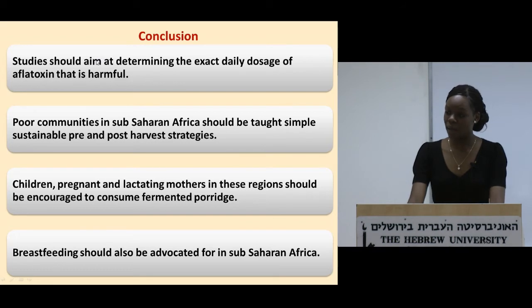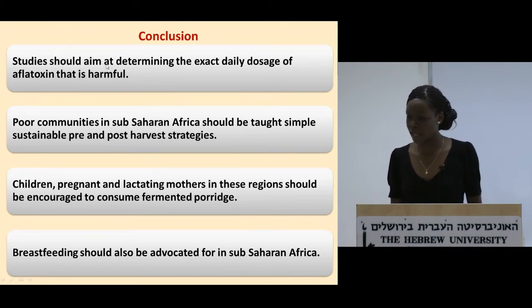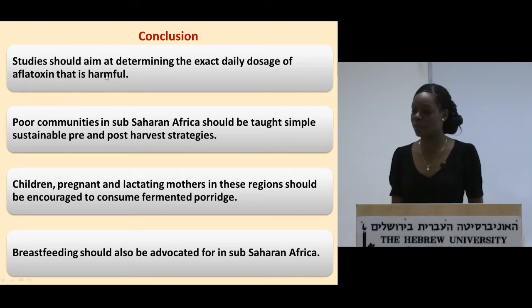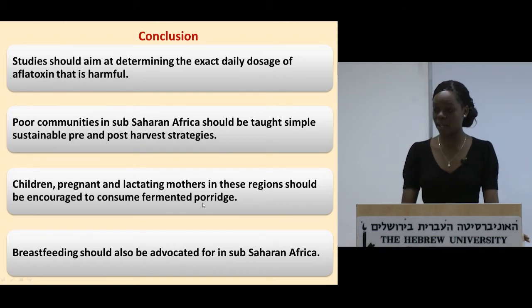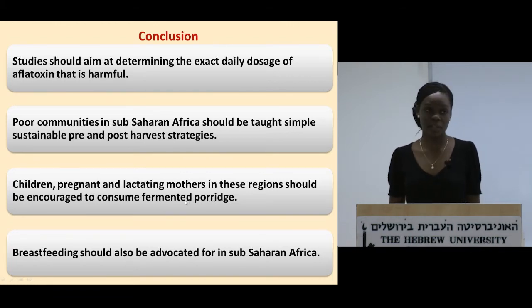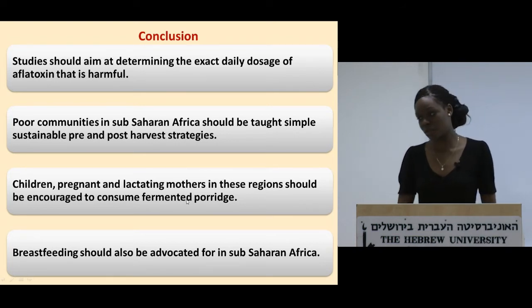Then children, pregnant and lactating mothers in this region should be encouraged to consume fermented porridge, and I would suggest that this fermented porridge should probably be made of millet instead of maize, and fermentation will increase the availability of lactic acid bacteria, which binds physically to aflatoxin, making it unavailable for absorption.